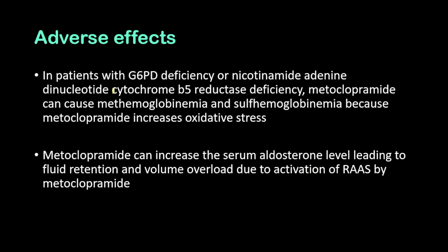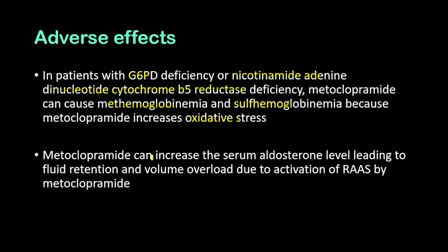Now, another side effect is that in patients with glucose 6-phosphate dehydrogenase deficiency, or in nicotinamide adenine dinucleotide cytochrome B5 reductase deficiency, the metoclopramide can cause methemoglobinemia and sulfhemoglobinemia because this medication increases the oxidative stress, which is dangerous in patients with these conditions.